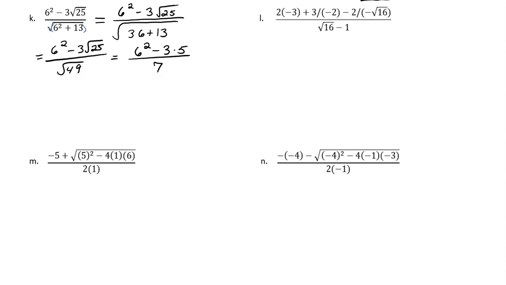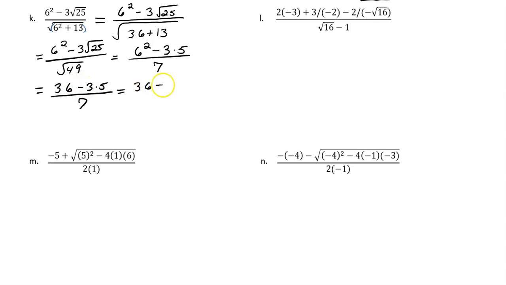So we dealt with the radical first, the square root first. We simplified that inner part, then worked our way to the outside parts. Let's keep going. I have an exponent, so 6 squared is 36, there we go, minus 3 times 5, divided by the 7. So now we're doing multiplication in my numerator before I can do the subtraction.